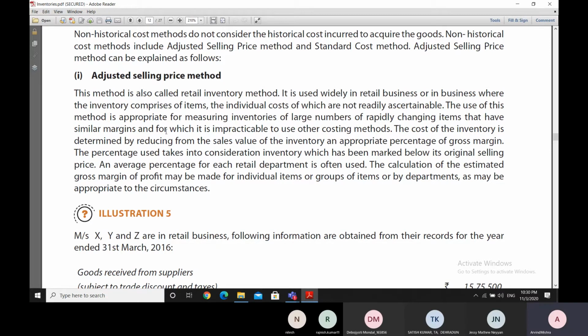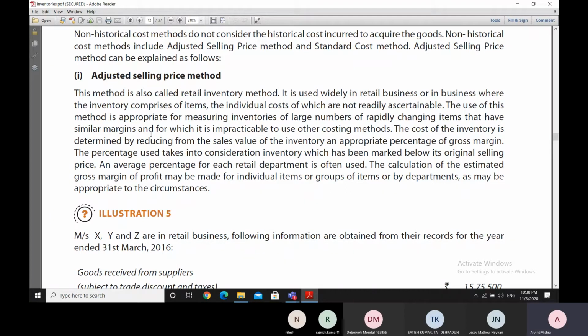The use of this method is appropriate for measuring inventories of a large number of rapidly changing items, just like a retail shop. Items are coming in, items are selling out, and a large number of items are there, and inventories are rapidly changing. Most of the items have similar margins.